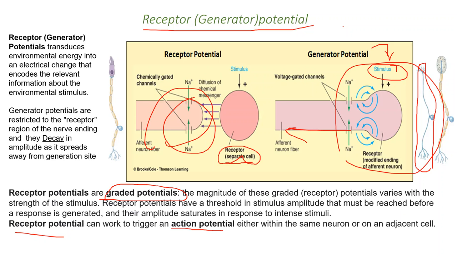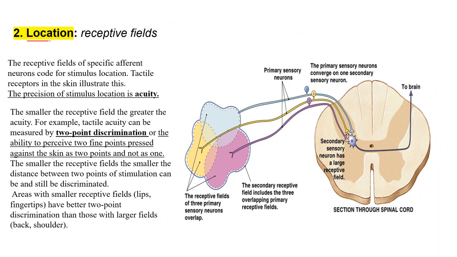All right, so with that said, now we're going to talk about location. This refers to receptive fields. So basically, the receptive fields of specific afferent neurons code for stimulus location. For instance, we can give a very good example of tactile receptors in the skin.